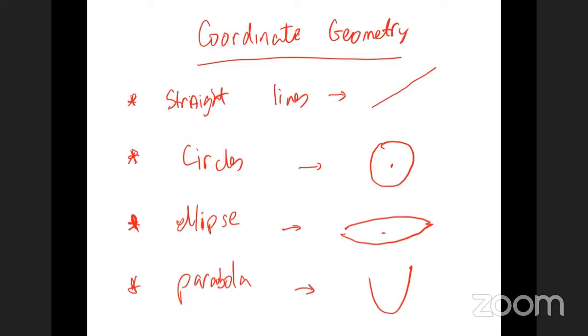Always round, all right. And it always has a center and a radius. What's the radius again? It's the distance from the circumference to the center. Nice.